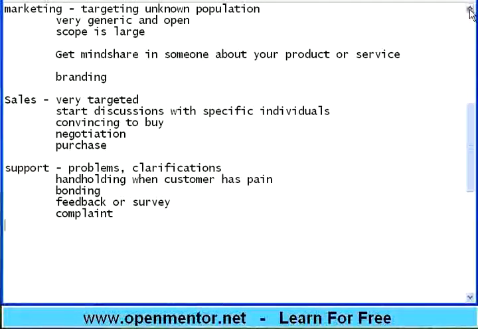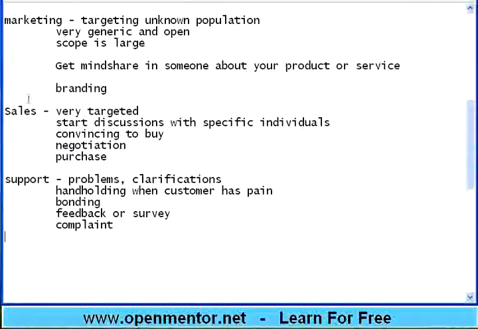So if you look at CRM, marketing, sales, and support, all these three put together is customer relationship. When it is marketing, there are so many people, and you do not know whether they may buy or may not buy, whether they have a need or not. When it comes to sales, you know that they have a need, and a very specific sale happens.